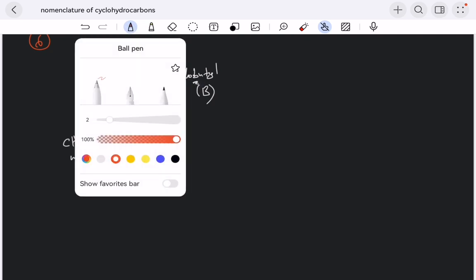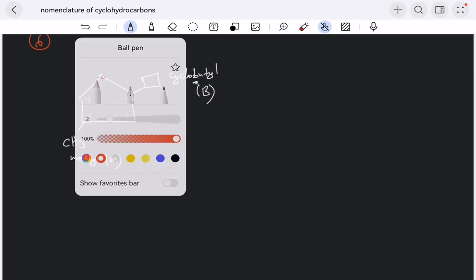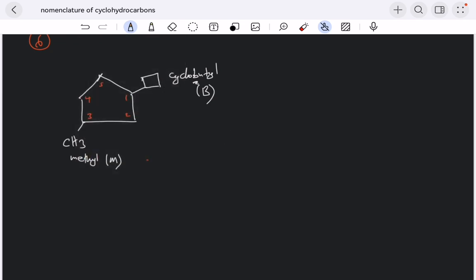So how do we count? The counting becomes 1, 2, 3, and 4, 5. If we go the other way, obviously the locant will not accept. If we say 1, then this 2, 3, 4. If we do the locant, it means that you have a substituent at 1 plus a substituent at 4, which will give you 5.